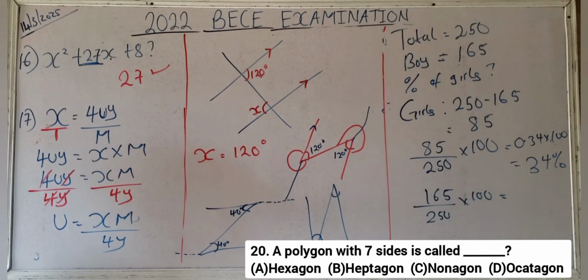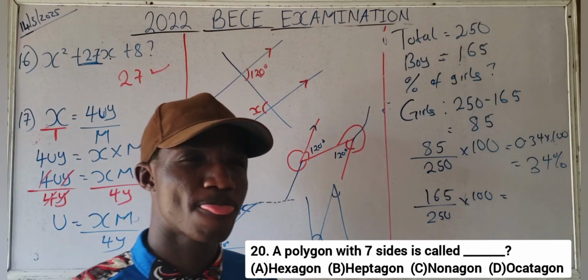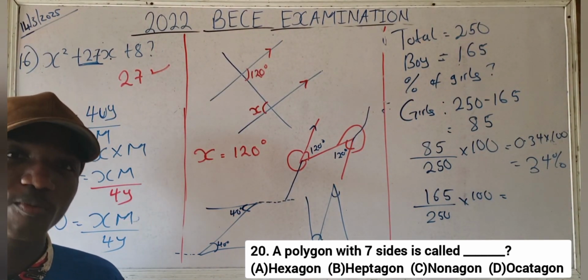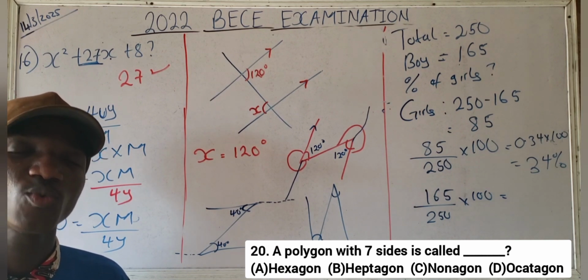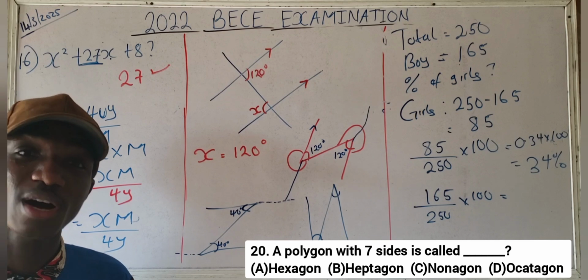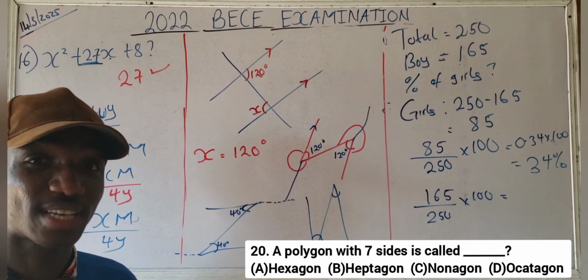If you're not taught in JSS 1, you should be taught in JSS 3, that is grade 8. Now, we have 3-sided polygon, 4-sided, 5-sided, 6, 7, 8, 9, 10, 11, we even have 12. But we're going to limit our understanding to 10-sided polygons.